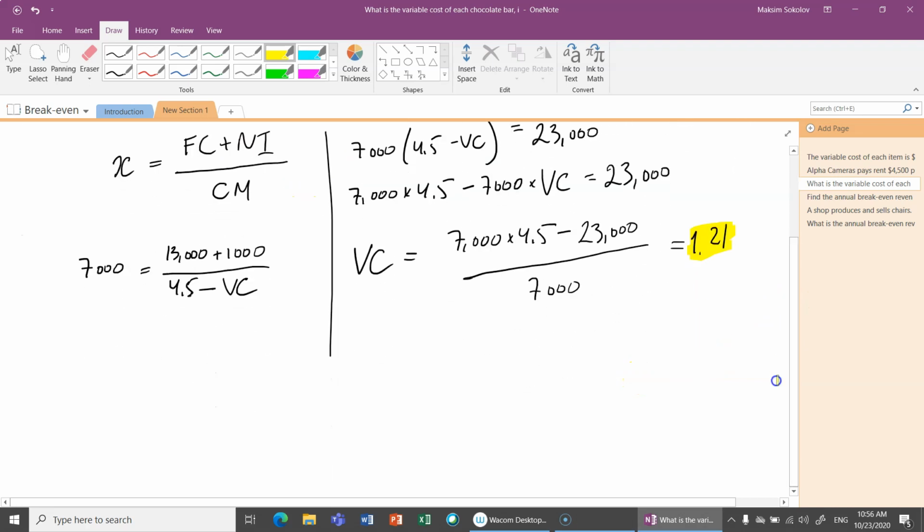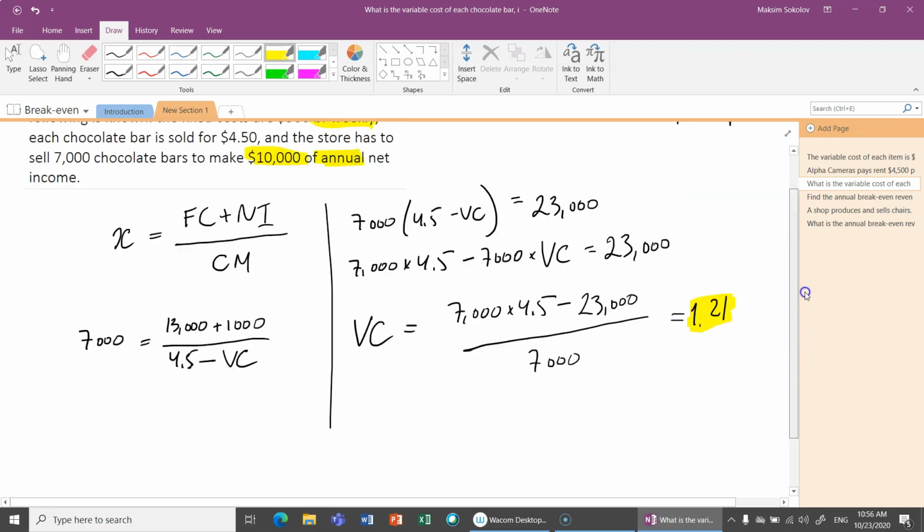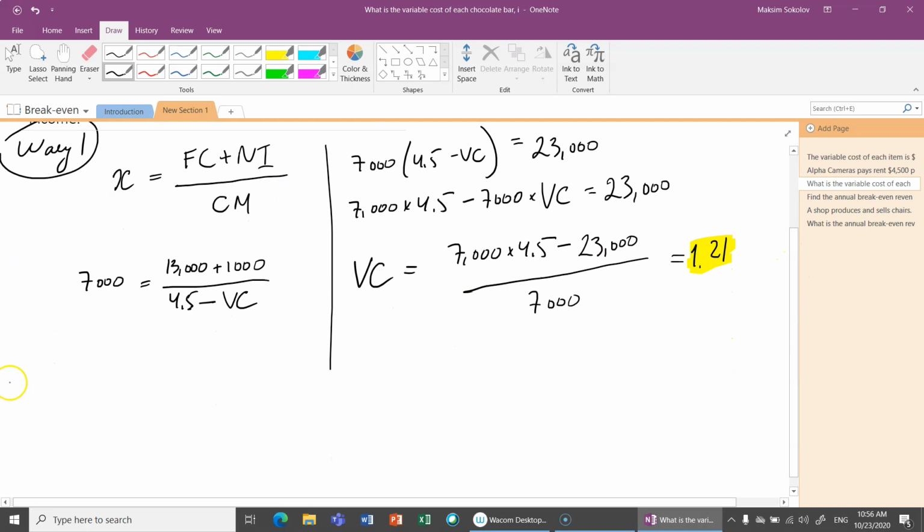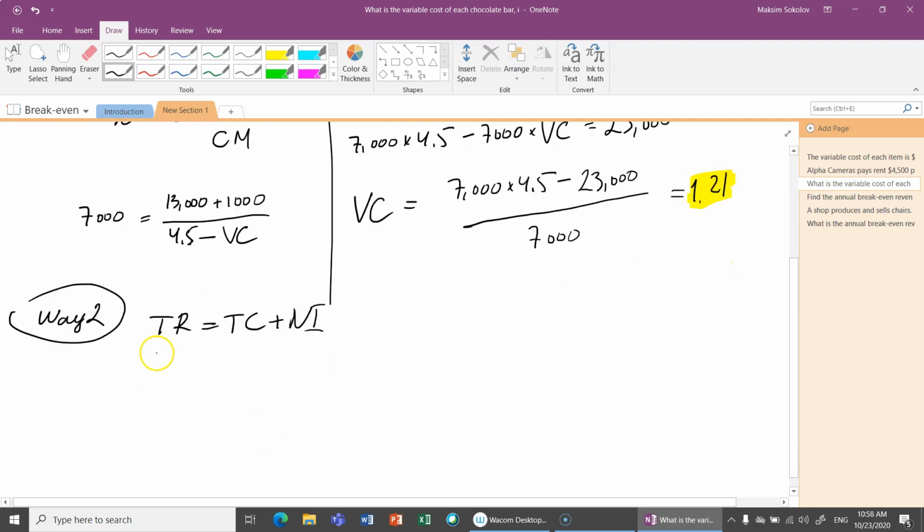Well, the same problem could be solved, if we call this way 1, in another way, which is using the relationship that total revenue equals total cost plus net income. Total revenue is 7,000 items that must be sold times $4.5 per item.